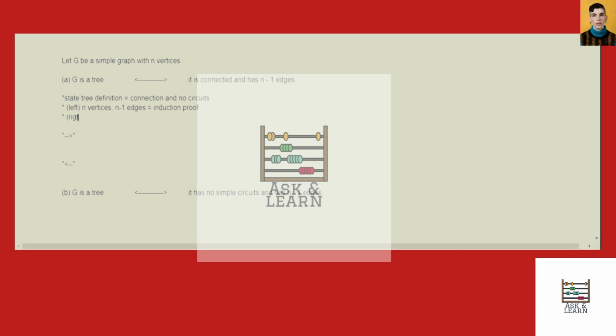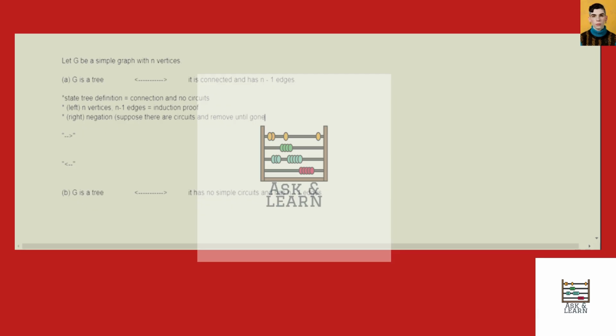Now going from the right, again, the connection being a tree, that kind of fits in together. But I want to bring in the whole circuit thing. So I'm going to do a negation and suppose that there are circuits. And what I'm going to do is remove those until gone.